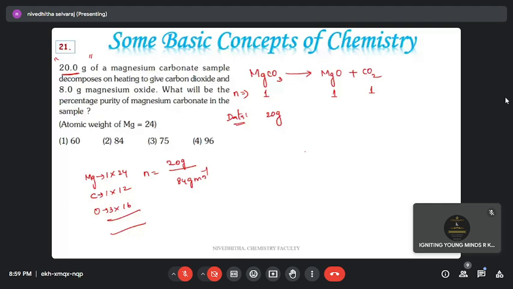Number of moles is equal to given mass divided by molar mass. So the number of moles of magnesium oxide formed is 0.23, and the weight of magnesium oxide formed is to be calculated, so we have to calculate the magnesium oxide's molecular weight. Magnesium is 24 and oxygen is 16. So what is the molar mass of magnesium oxide?